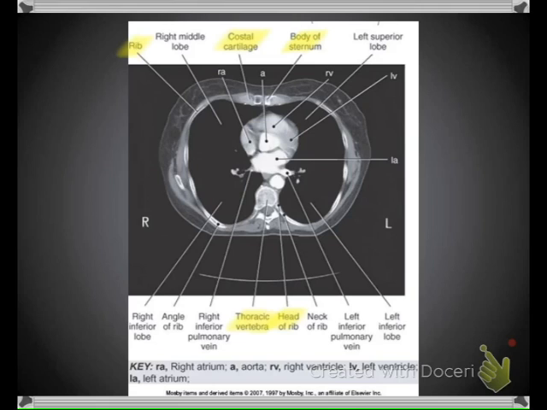And something that I failed to mention is the angle of the rib. If we'll notice in the posterior portion, it curves. This corresponds to the angle of the rib in the posterior segment of it. So certainly know the angle of the rib, and also the neck of the rib.